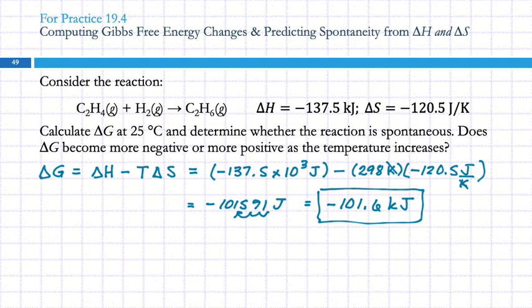Well, delta G is energy, and so in my mind, its sign conventions line up with things like delta H. So delta H, we're releasing energy, and so that would imply that often delta G is negative as well. So is it spontaneous? Yes, it's spontaneous.